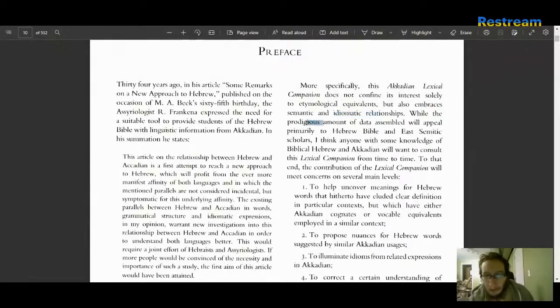While the prodigious amount of data assembled will appeal primarily to Hebrew Bible and East Semitic scholars, East Semitic refers to Akkadian and like Eblaite languages, I think anyone with some knowledge of Biblical Hebrew and Akkadian will want to consult this lexical companion from time to time. In other words, he's saying that this is mainly for scholars, but this is also beneficial for regular people like you and I who have an interest or some knowledge of Hebrew and Akkadian.